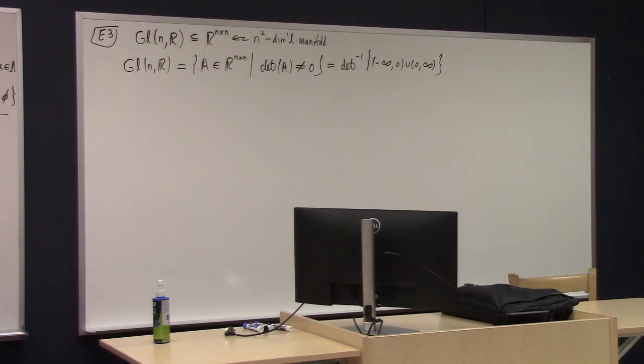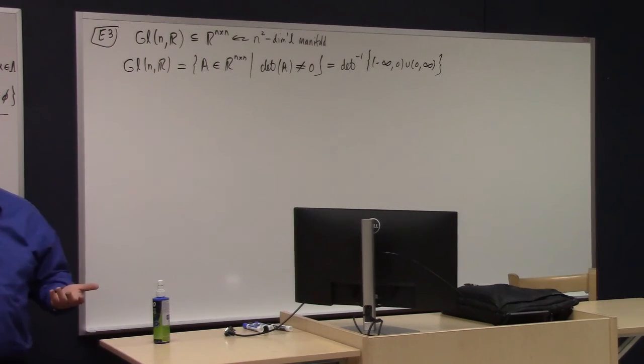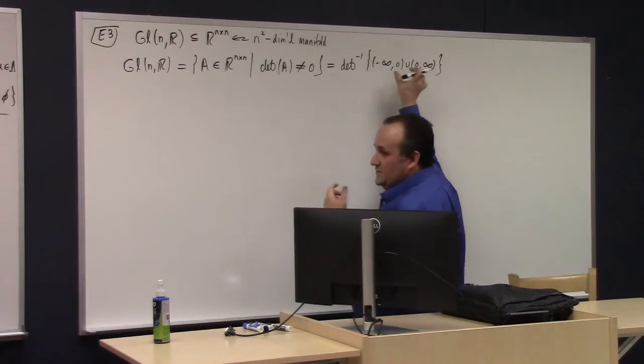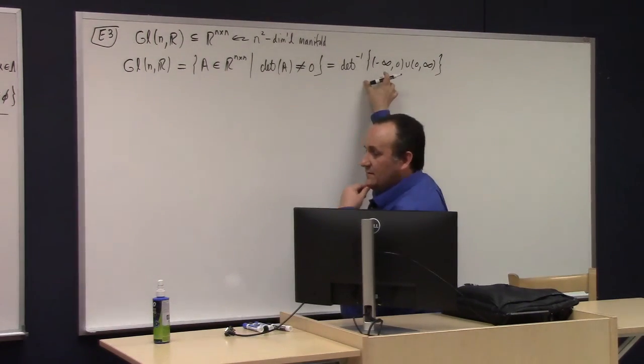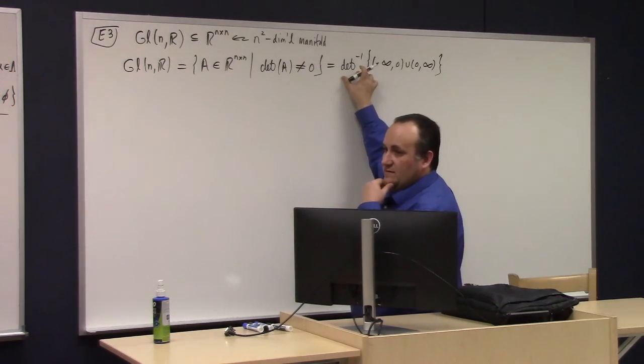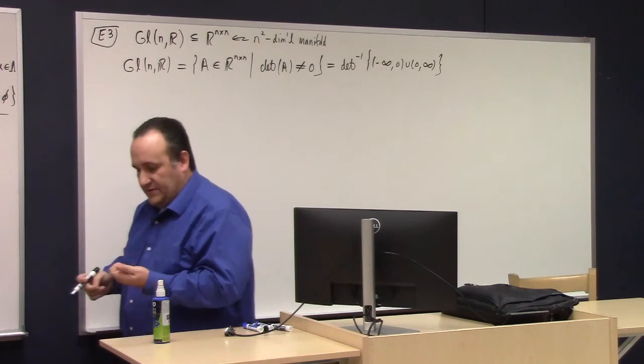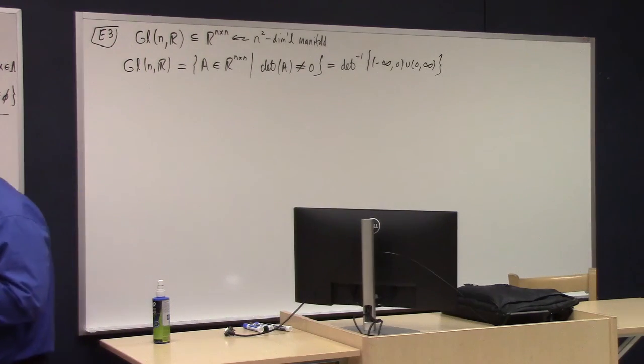And how about that? 0 to infinity and -infinity to 0, are these open sets? I'm sorry, you haven't had topology. You don't know what an open set is. No, you know what an open set is. You've had real numbers. Some of you have had real analysis, yes? Yes, you know what an open set is. Good grief. So this is the union of two open sets, which is open. And this is the inverse image of the determinant map. What's the determinant map? It is a multinomial in the coefficients of the matrix. In other words, it's polynomial in the components of the matrix.